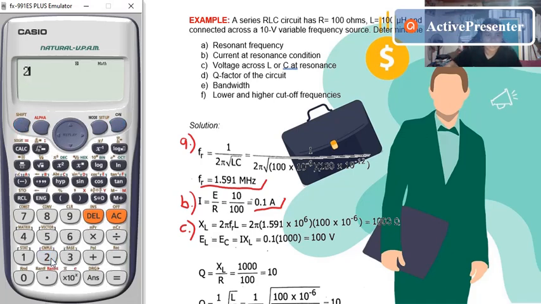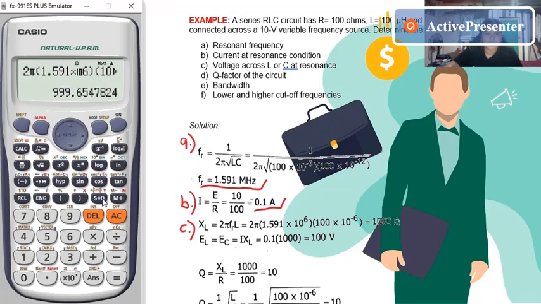So we have 2 pi times 1.591 times 10 to the power of 6 hertz, multiplied by L, which is 100 times 10 to the negative 6 henries.